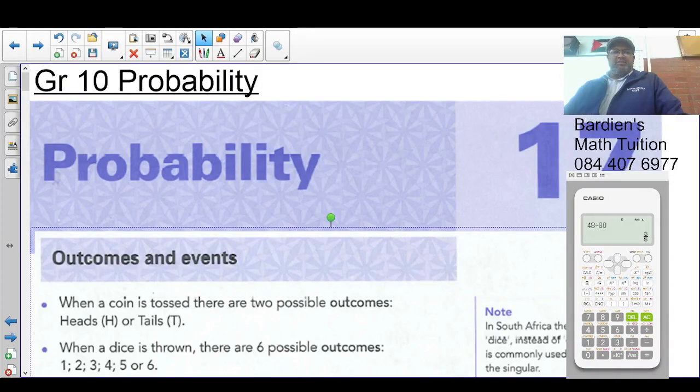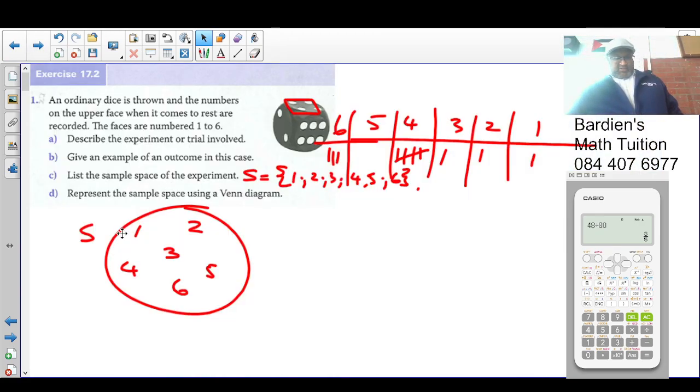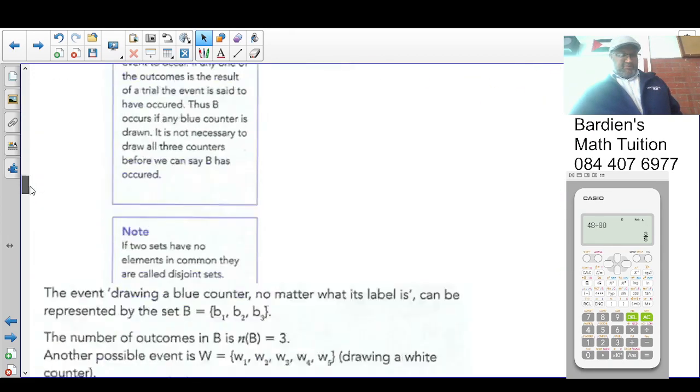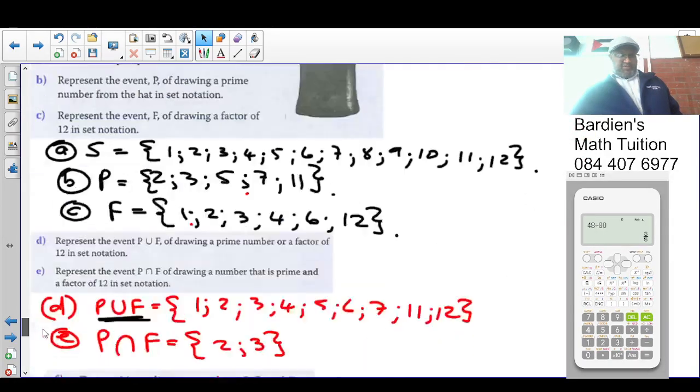Okay, good morning, class. So today we're looking at probability. We're going to first mark the homework of the previous lesson, which is exercise 17.3.